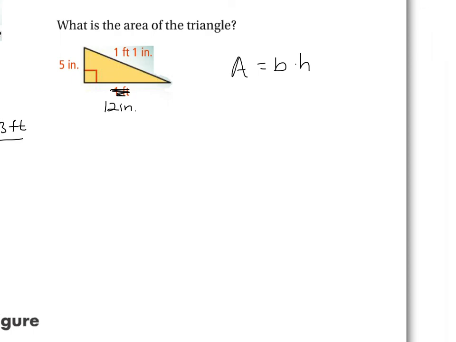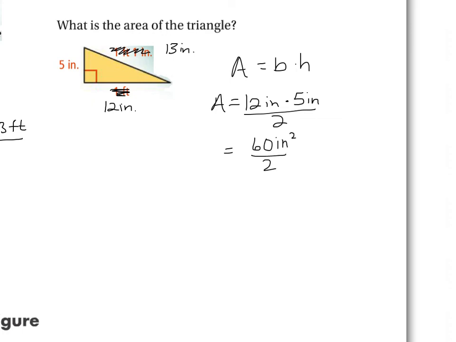So that's 12 inches plus 1, that makes this 13 inches. So, in this case, the base is 12 inches. The height is 5 inches. And we're going to divide that by 2. So this is now 60 inches squared divided by 2, which in this case, the area of this triangle is 30 square inches. Okay, 30 square inches.